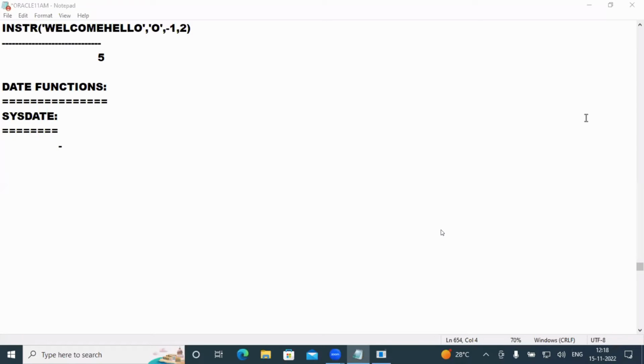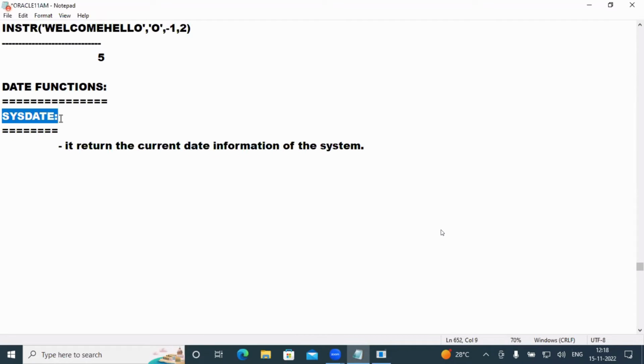This function returns the current date information of this system. Whatever the current date is showing in your computer, that will be returned by sysdate.